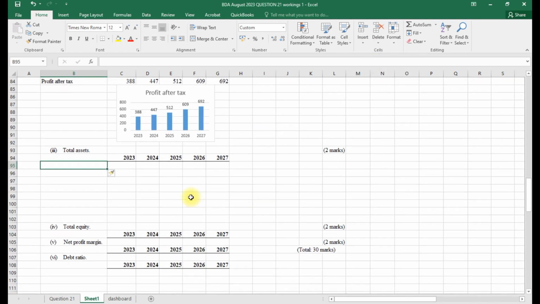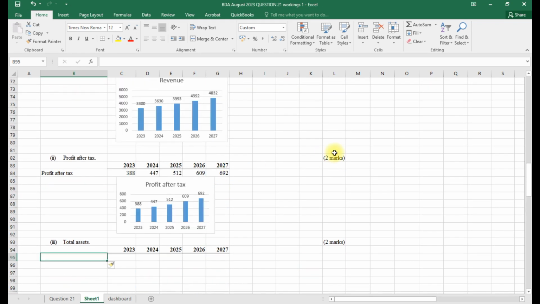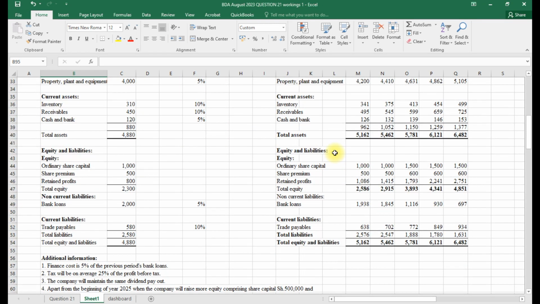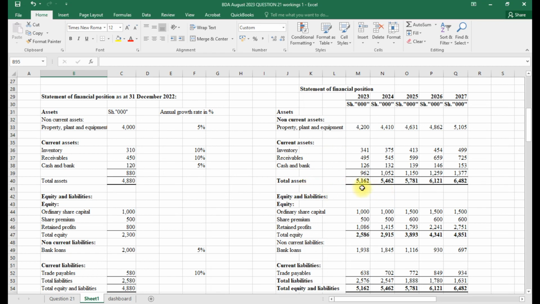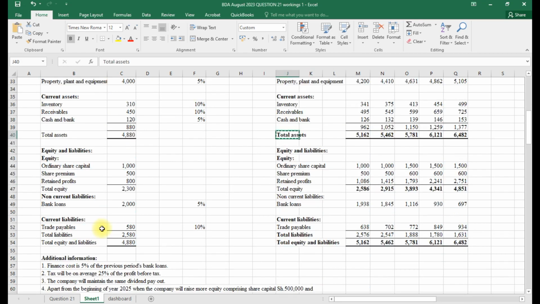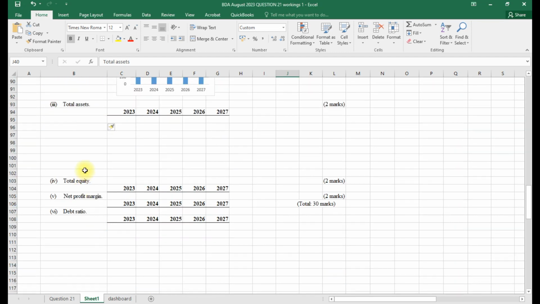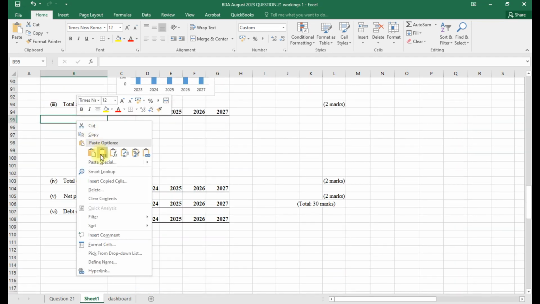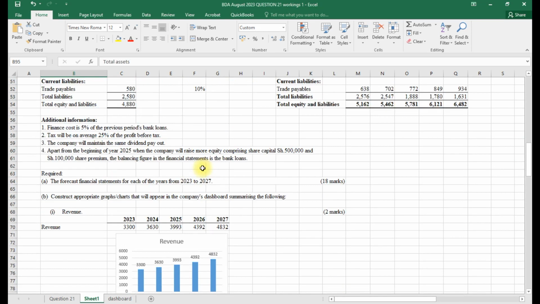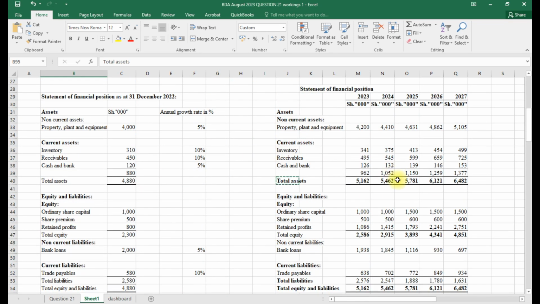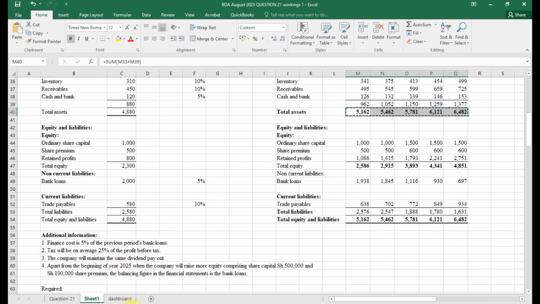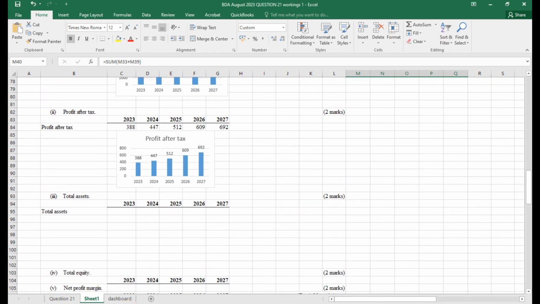So total assets, I'll come and pick my total assets here, copy and paste it here.